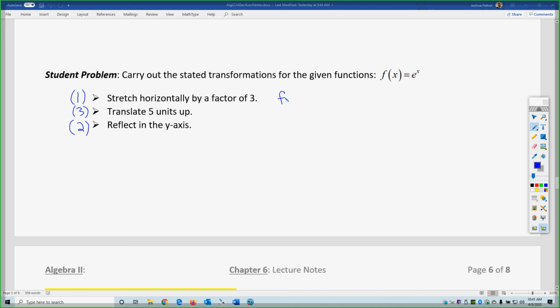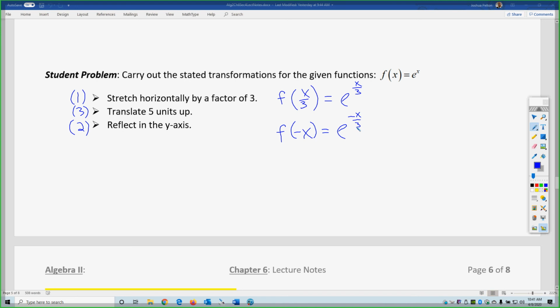Horizontally is x, that's on the inside, so we must divide by 3 because it's counterintuitive on the inside. So that's e to the x over 3. Second thing is reflect in the y-axis. If you reflect in the y-axis, you changed your x value, so that must be negative x. Therefore, you get e to the negative x over 3.